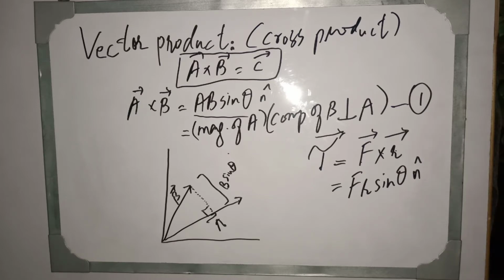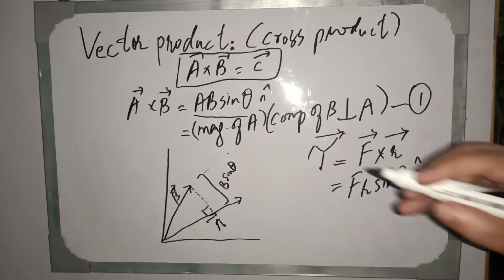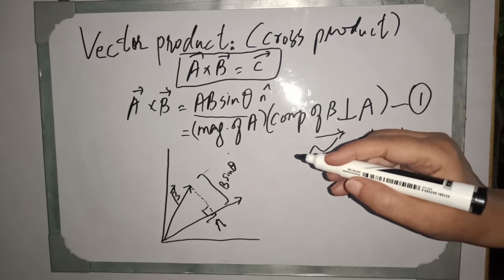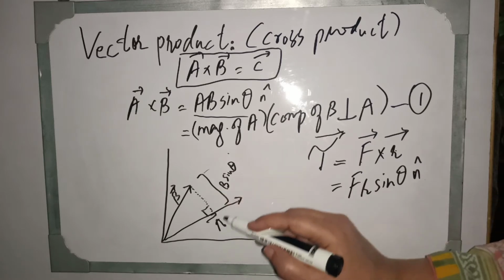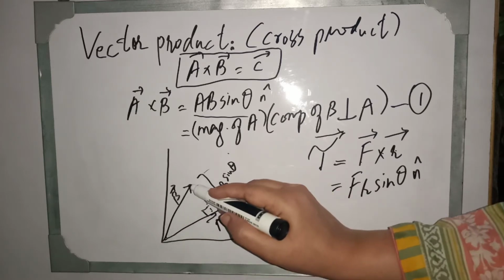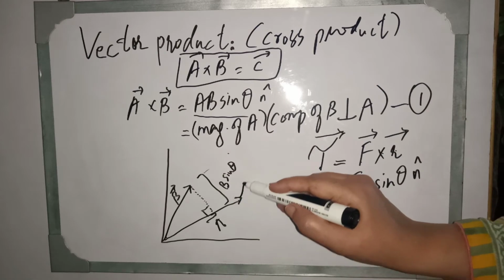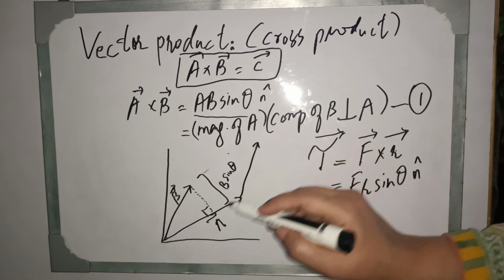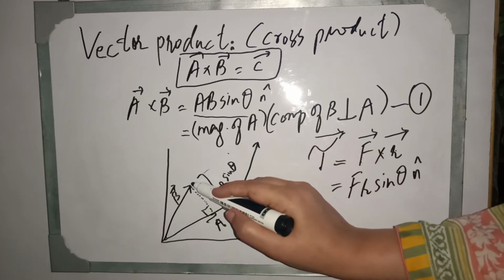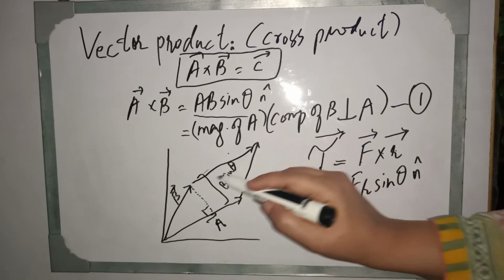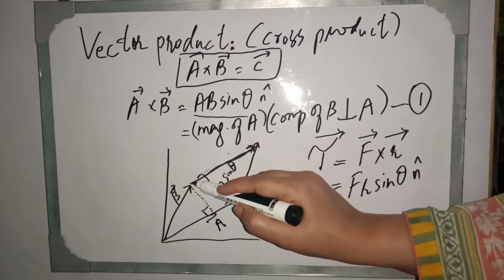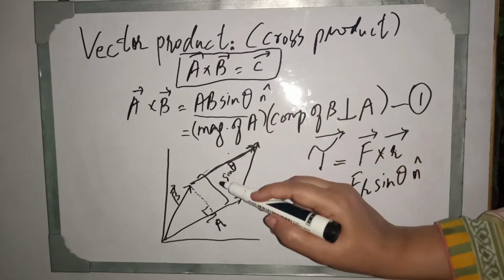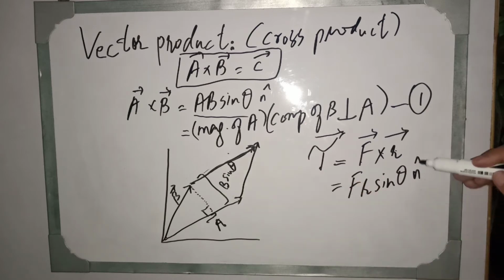Now we can explain the magnitude of AB sine theta. By extending these two vectors, this vector B can also be drawn at the head of A, and this vector A can be drawn at the head of B like this, so that we can make a parallelogram in this way. With the help of this parallelogram we have to show the direction of this vector n.